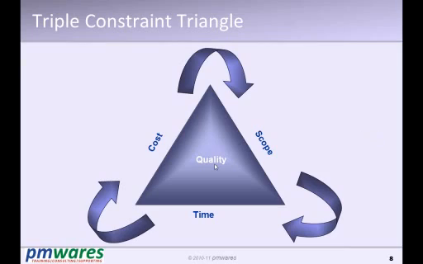Is it that quality is inherent in all the aspects of the triangle? So if we try to change or affect any of the other parameters, quality is inherent in all of them. Yeah, that's right.